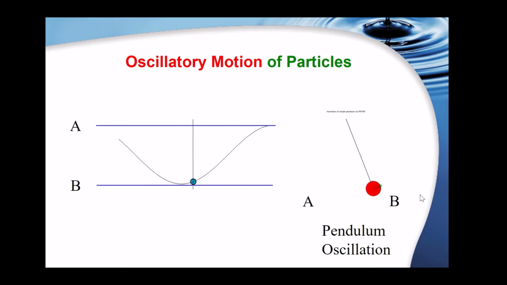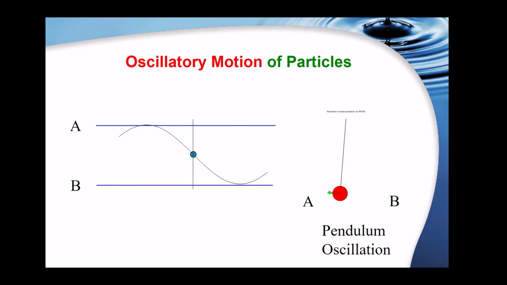As you can see here, I've animated the pendulum and the particle in the notes using PowerPoint slides. You can see that the pendulum on the right hand side swings from A to B, back to A, back to B. Likewise, the particle along the wave is also moving between two extreme points A and B.